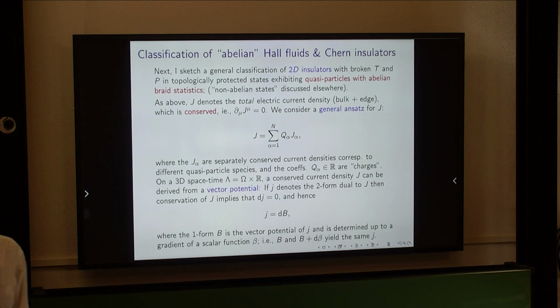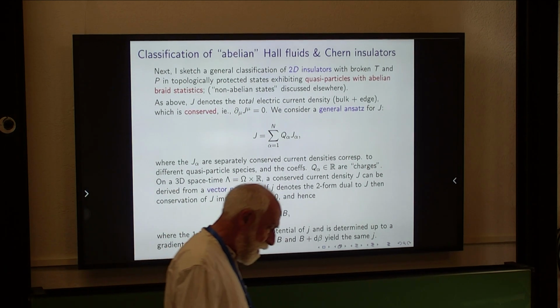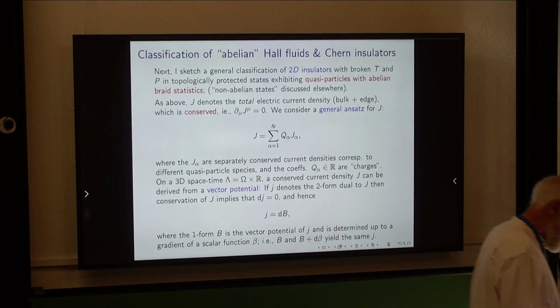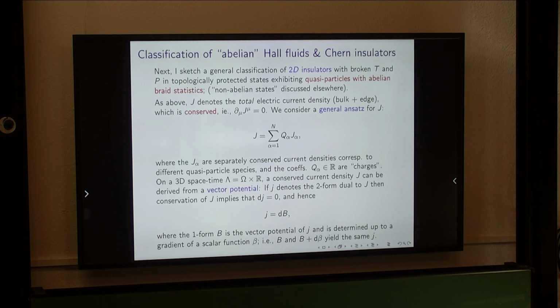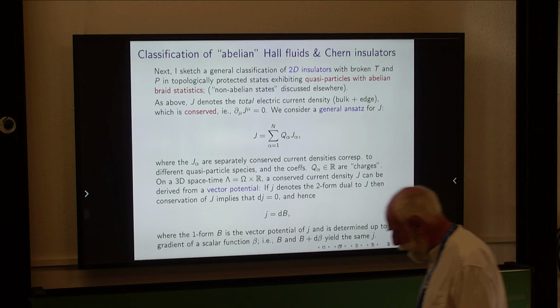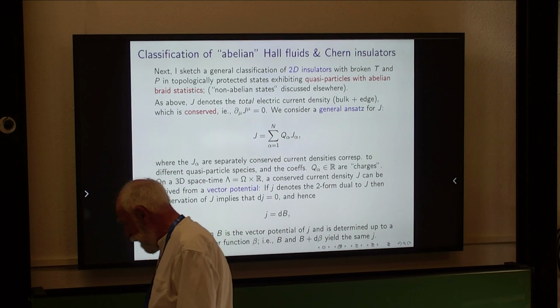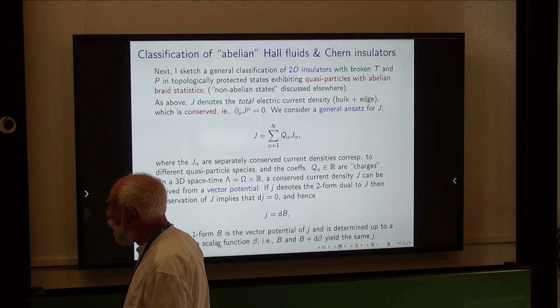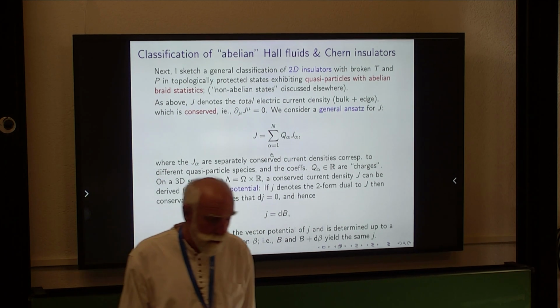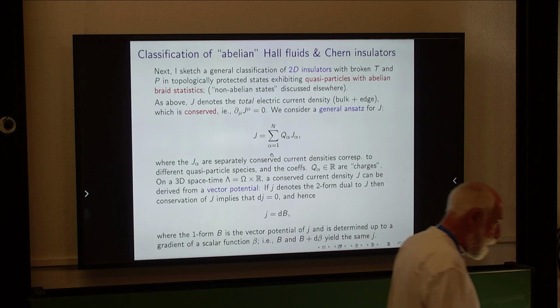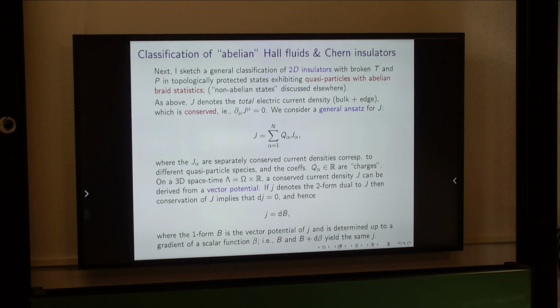let's now ask, what can we guess or find out about the spectrum of quasi-particles in a Hall insulator? I make an ansatz for the electromagnetic current density. I say it is a linear combination of current densities that are individually conserved.